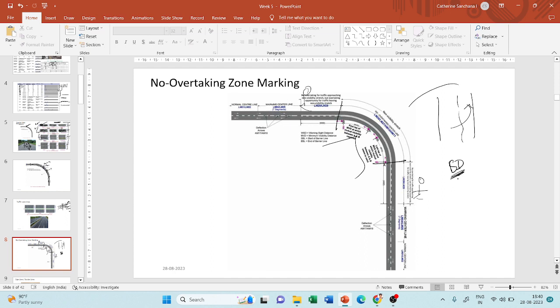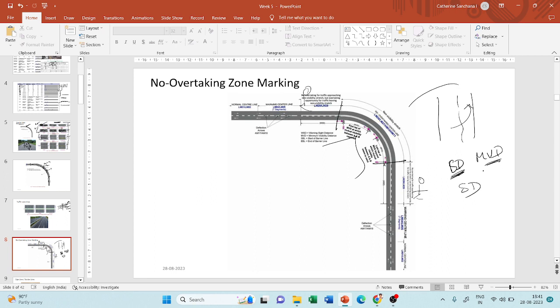Now, if you are in a horizontal curve, say the distance that is visible in front of you is less when compared to the sight distance, you will go for this no overtaking zone, right? And whatever is visible in front of you is less than the sight distance, as I told you. This visible distance is called the minimum visibility distance. So you will set up this zone based on this minimum visibility distance.